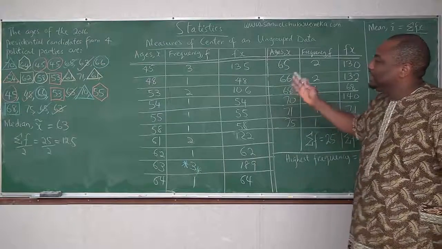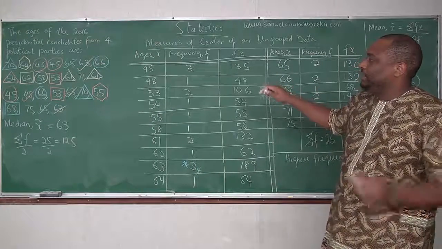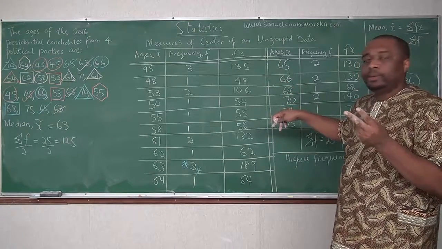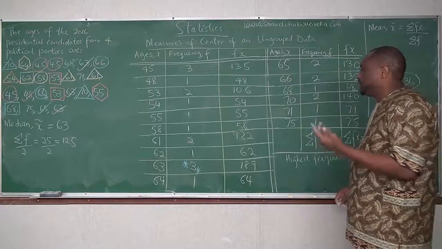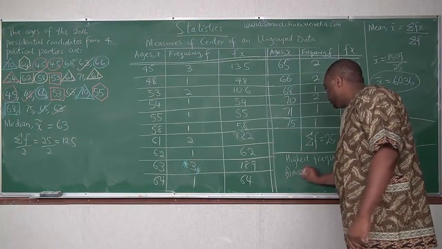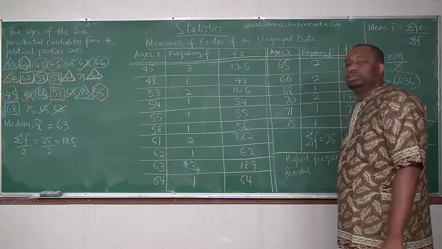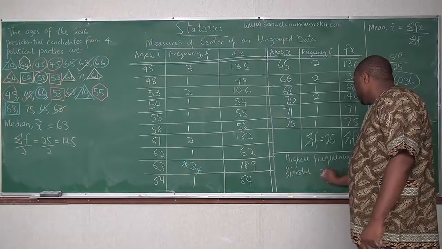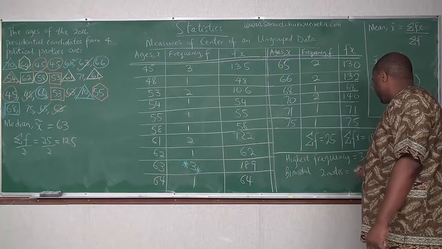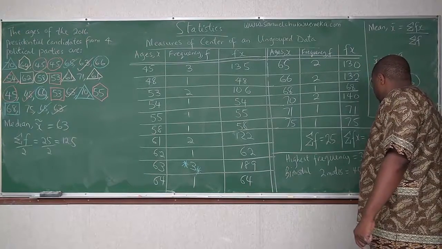Now, we look at this data set and we see that 2 data values have that 3. So this is bimodal, which means 2 modes, and the 2 modes are 45 and 63.